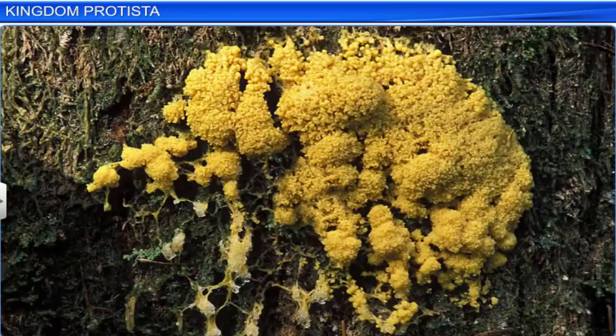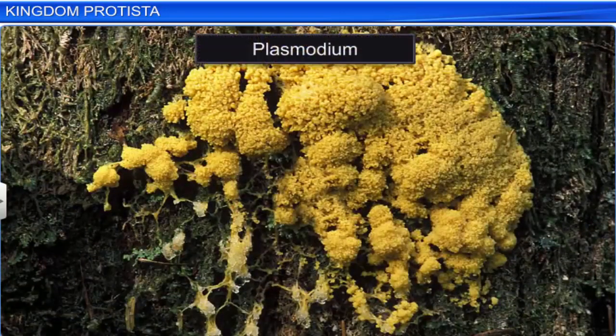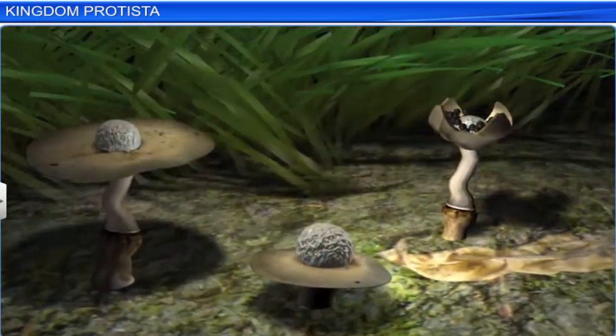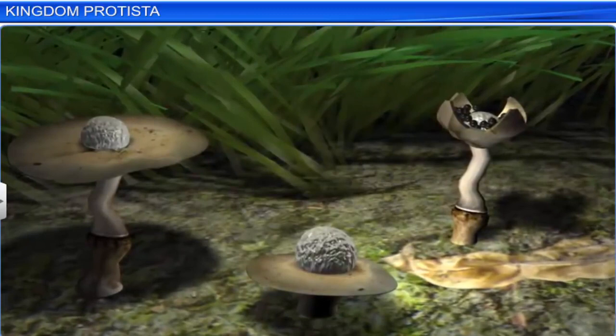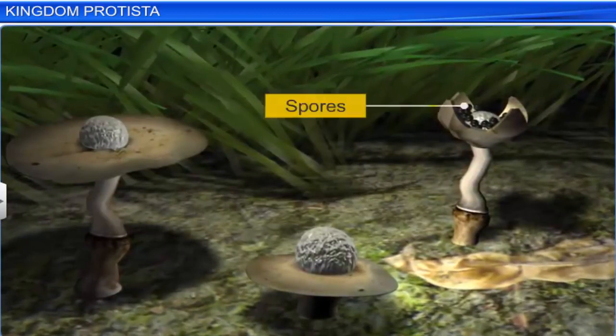They form a huge aggregation called plasmodium. However, during unfavorable conditions, this plasmodium differentiates and forms spores that possess true walls. These spores are so resistant that they can survive for years under adverse conditions.